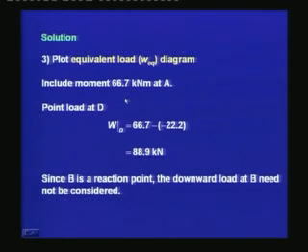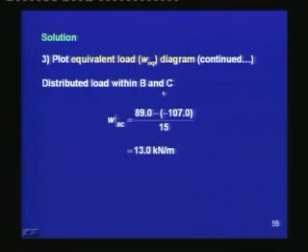We are including a moment of 66.7 kilonewton meters at A. The point load at D is calculated from the change in the shear at the two ends, which gives a point load of 88.9 kilonewtons. We are not considering an equivalent load at B because B is a reaction point and the downward load at B need not be considered.